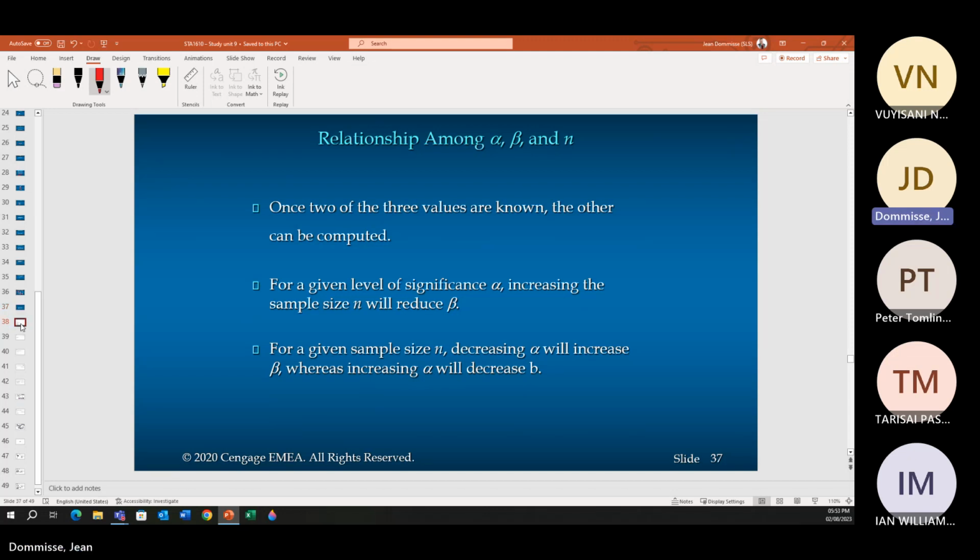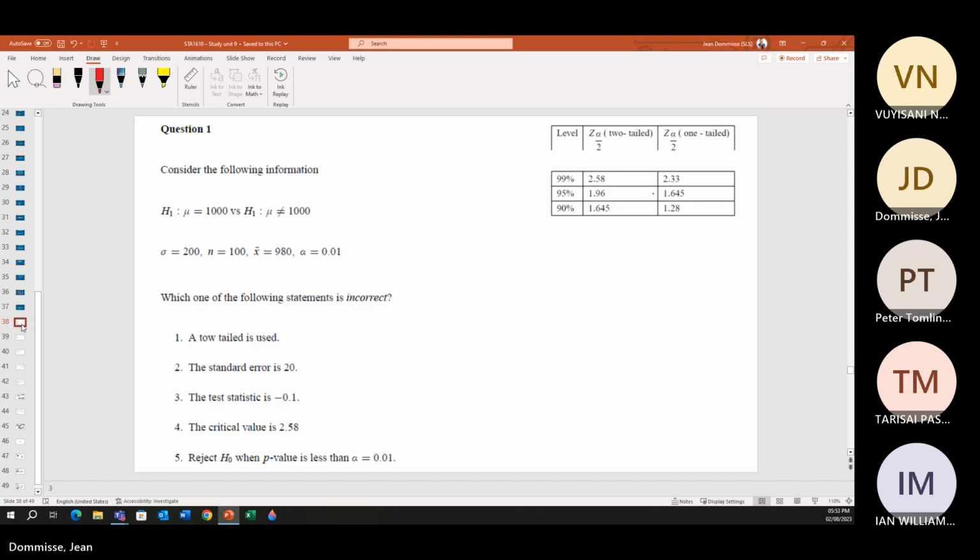So let's start. You will see again, as in the previous chapter that we worked through, you can take this as a given. You will again only need to worry about 90, 95, and 99.